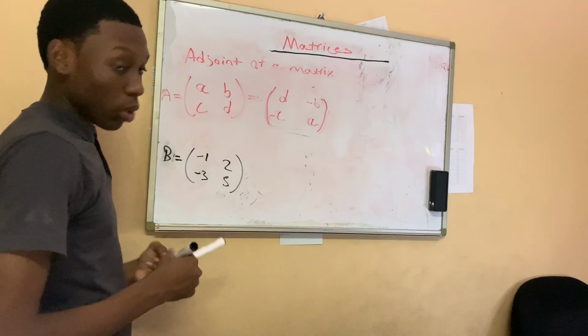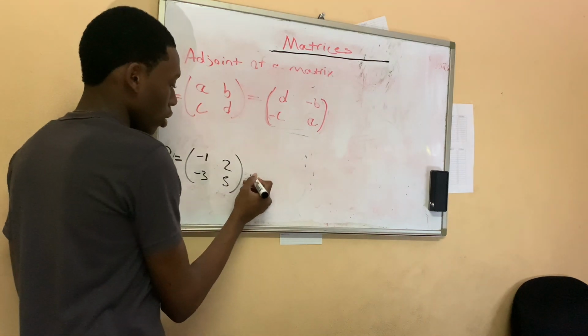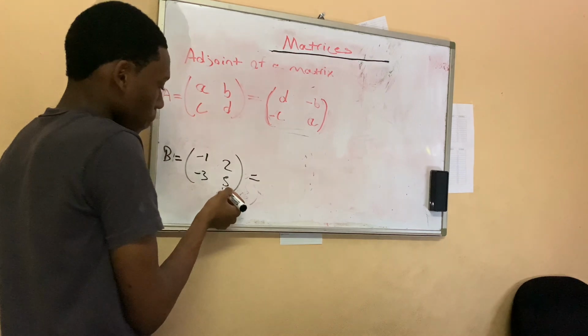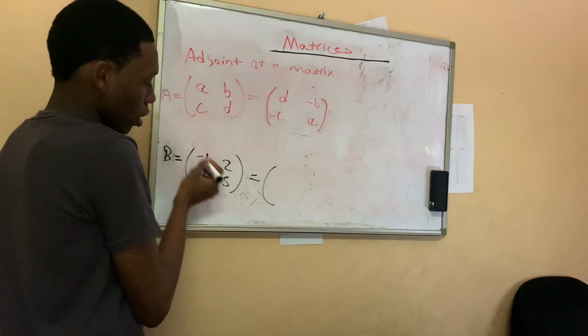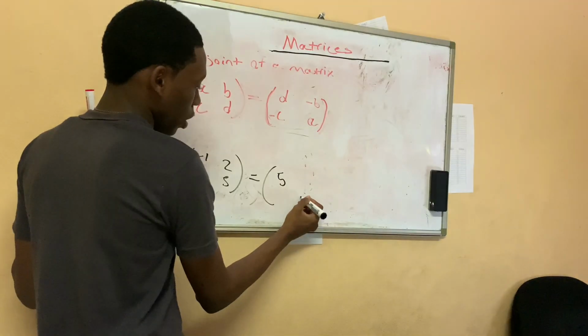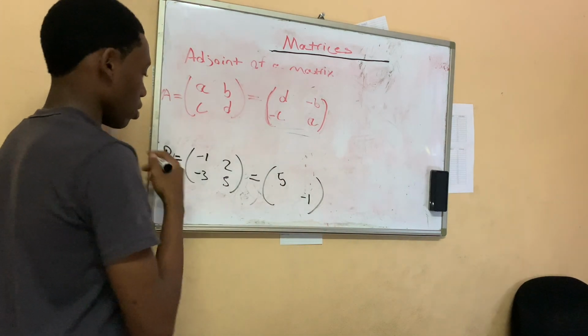So try this one for yourself. Alright, now in order to find the adjoint of this matrix, we're going to do the same thing up here. So we're going to switch the 5 for negative 1 and negative 1 for the 5. So we'll put 5 up here, and then we're going to put negative 1 down here. Close the bracket, because of the matrix.